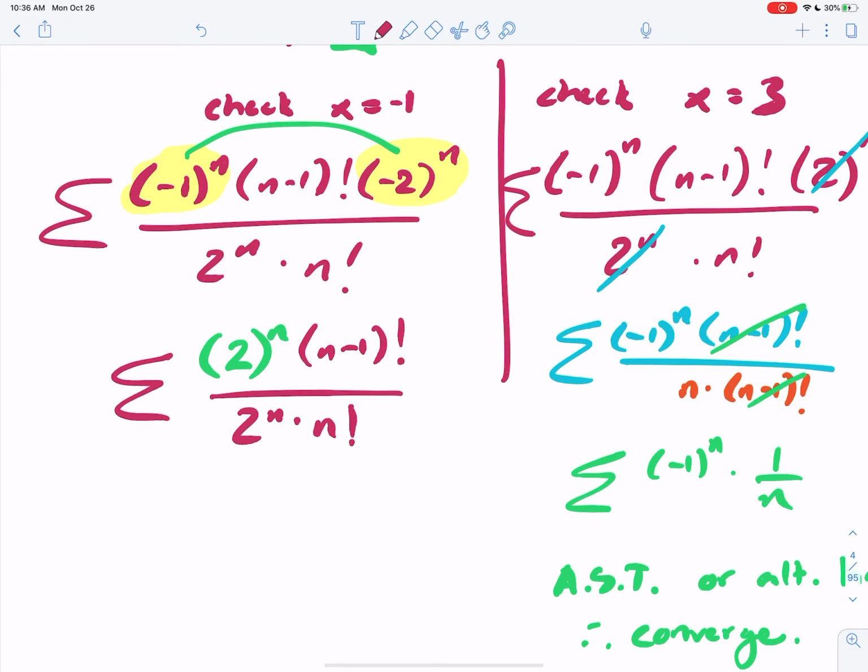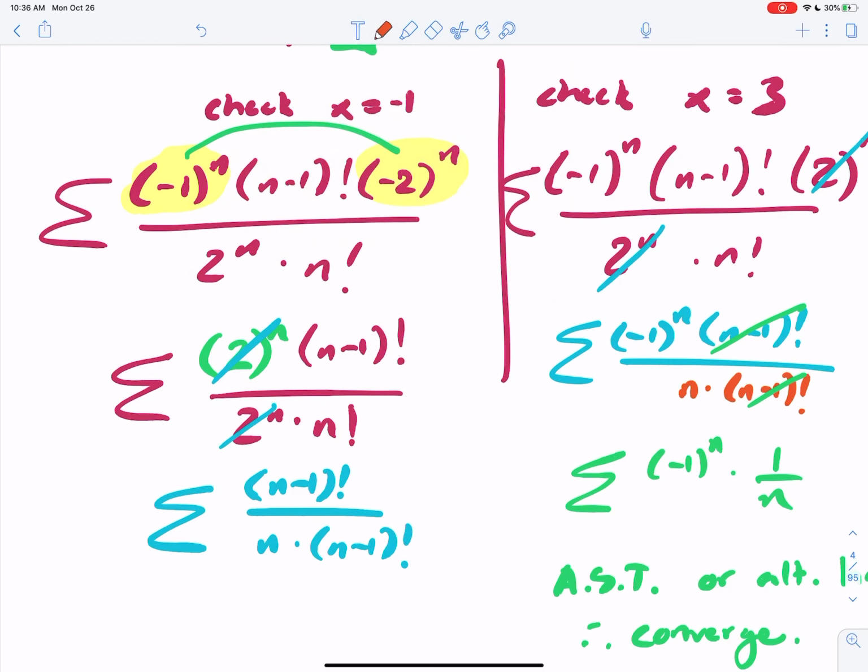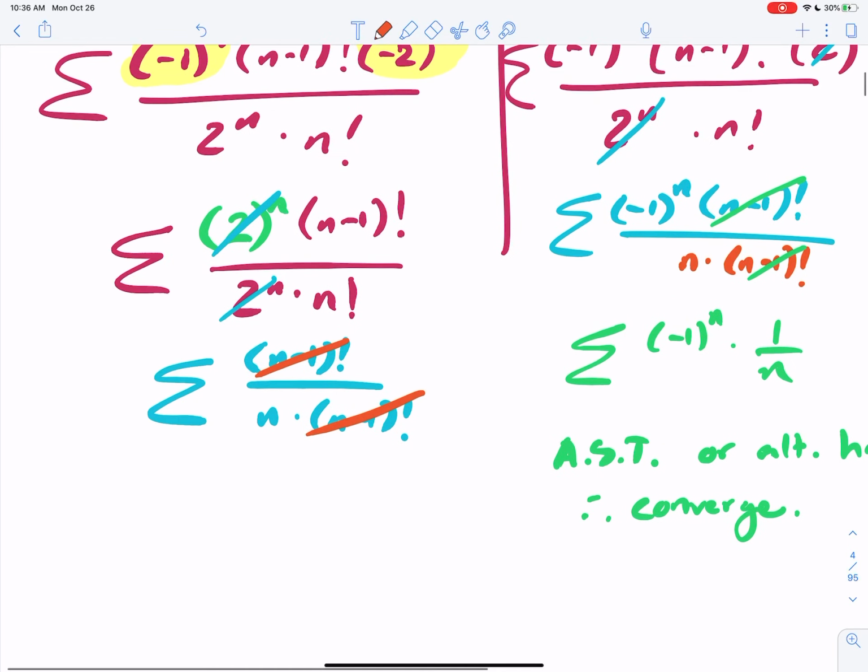Here I noticed that 2 to the n reduces out. And same logic here, n minus 1 factorial. N factorial down below is the same thing as n times n minus 1 factorial, because it's always going to be 1 less. That's going to reduce out. And you're left with the summation of 1 over n.